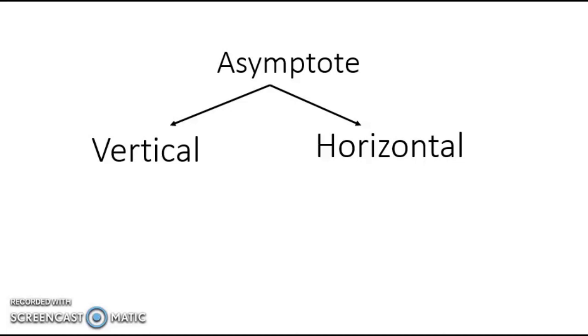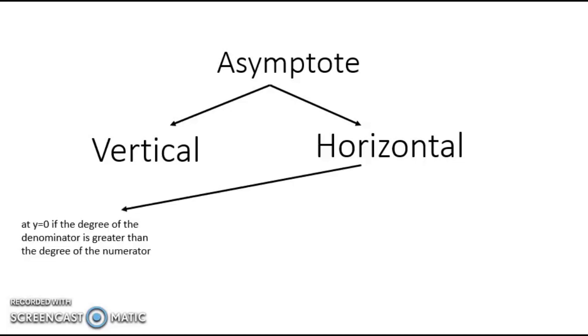Now, a horizontal asymptote is at y equals 0 if the degree of the denominator is greater than the degree of the numerator.